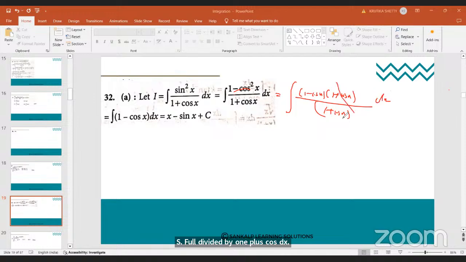The 1 plus cos x will cancel. The remaining integral will be 1 minus cos x dx. Integration of 1 is x and integration of cos x is sin x, so the final answer will be x minus sin x plus c.